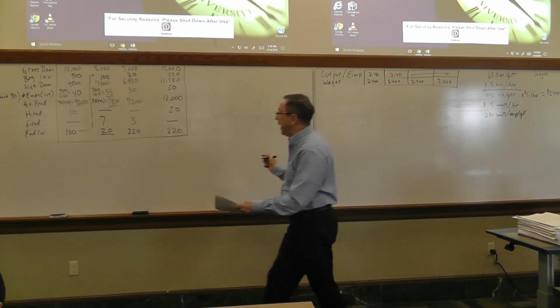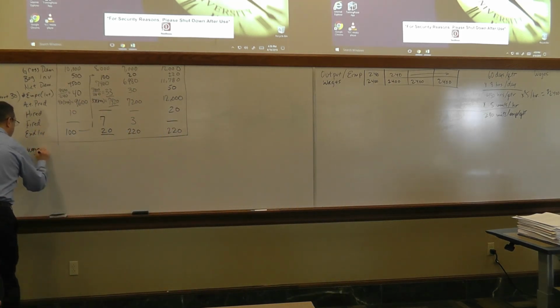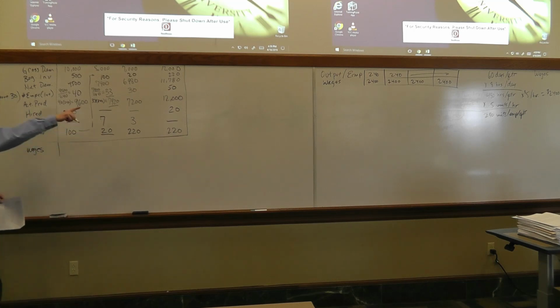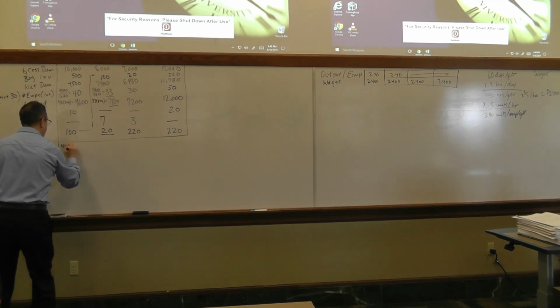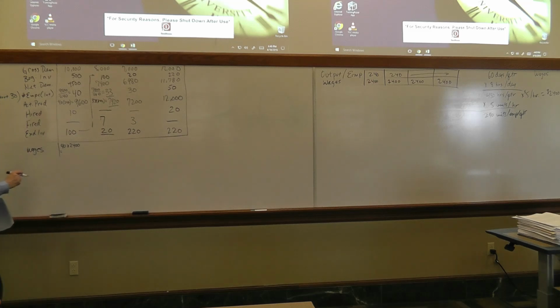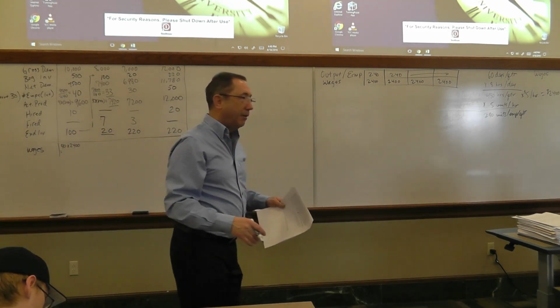With the pre-calculation, every worker makes $2,400. So in the first period, you'd have 40 times 2,400 per worker, which equals 96,000.